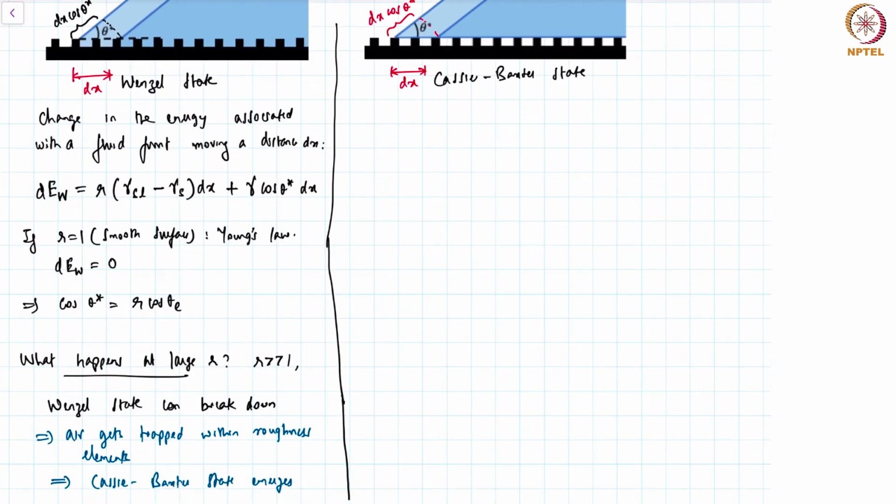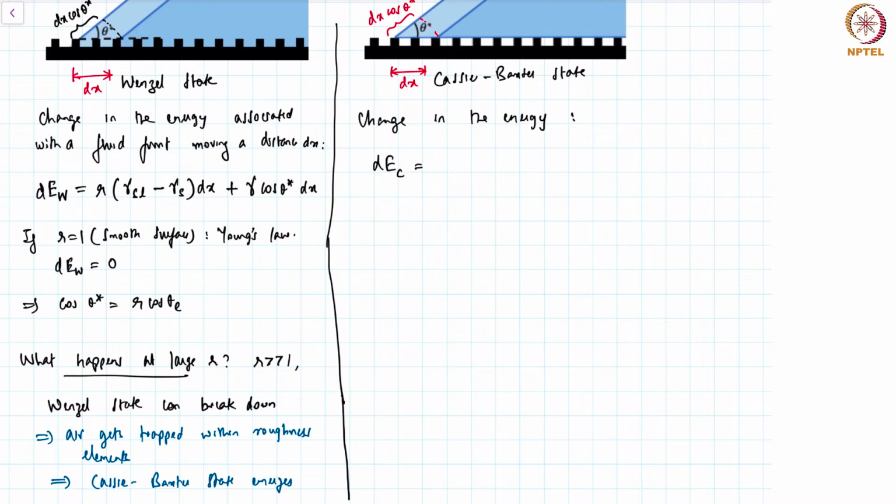Now in this case, the fluid does not impregnate the entire surface, but it leaves some trapped air in between. As a result, the change in the energy when we move by distance dx, we'll call it dE_C, where the subscript C indicates that we're looking at the Cassie state.